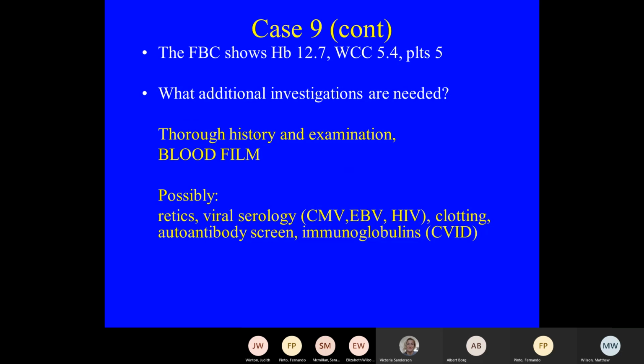Clotting to ensure that the bleeding on the skin is only to do with the platelets and it's not DIC. The autoantibody screen, like ANA, for example, and immunoglobulin levels, because common variable immune deficiency can present like that. Next.